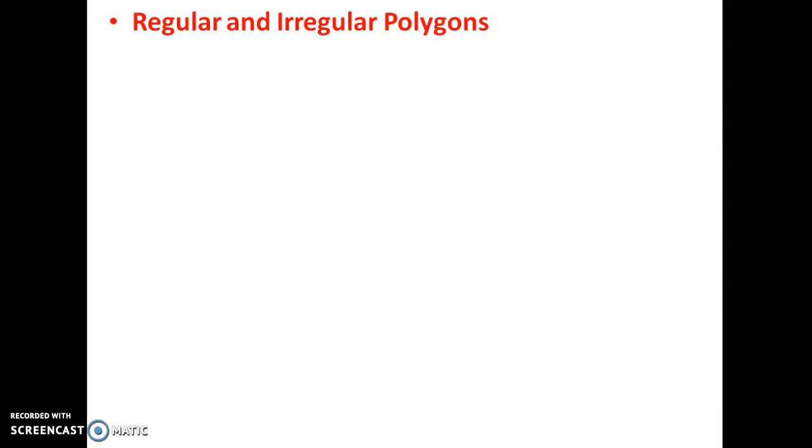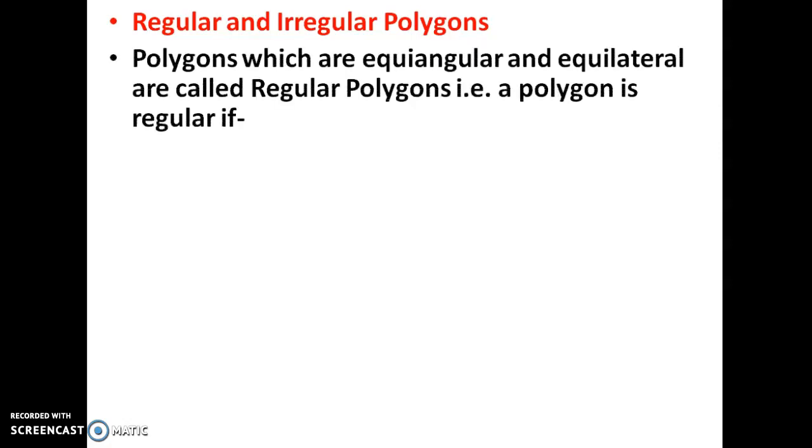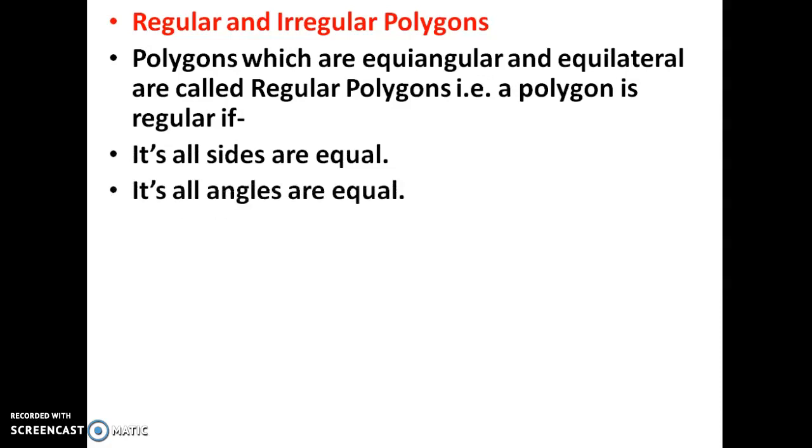Regular and irregular polygons. Polygons which are equiangular and equilateral are called regular polygons. That is, a polygon is regular if all its sides are equal and all its angles are equal.